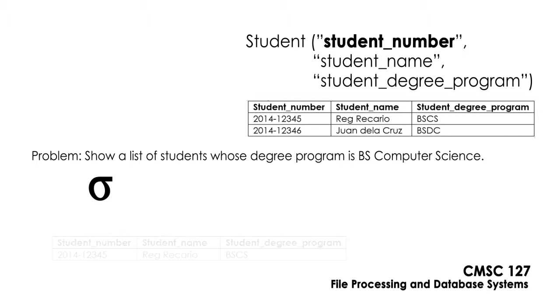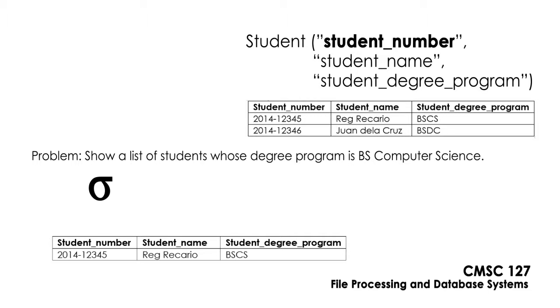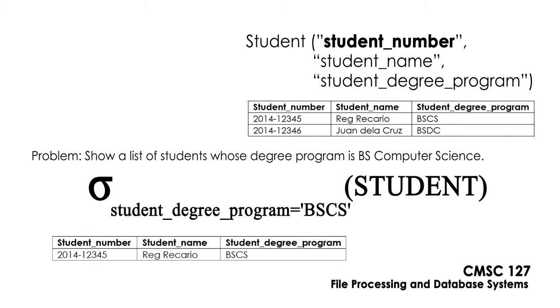The select operation symbol, which is sigma, followed by the condition, which is the degree program should be BS Computer Science. So we state that as student degree program equal to BS Computer Science, followed by the name of the relation, which is student.